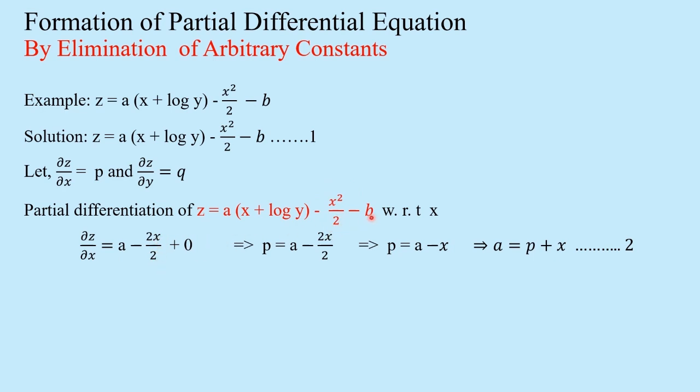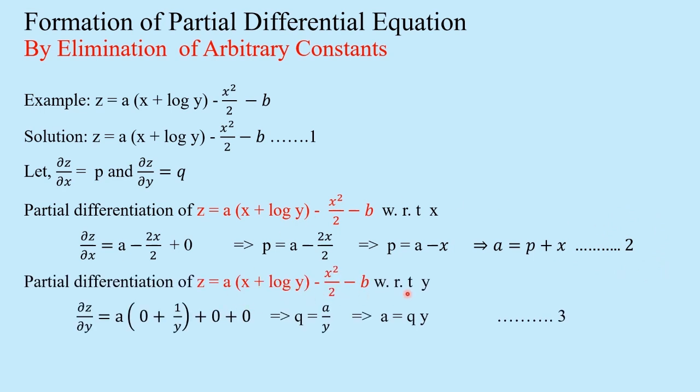So we get 2x by 2. This term will become 0. So p is equal to a minus 2x by 2. This 2 and this 2 can get cancelled. So p is equal to a minus x, or a is equal to p plus x. We can name this equation as 2.